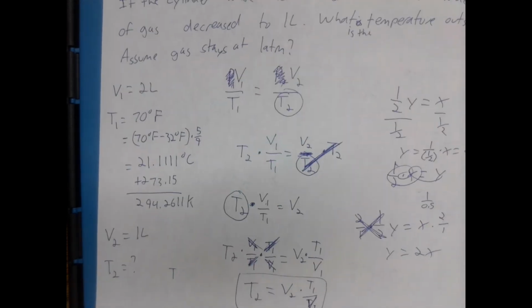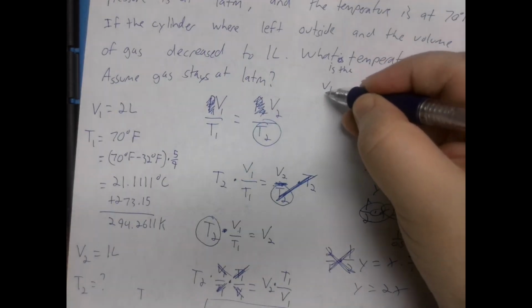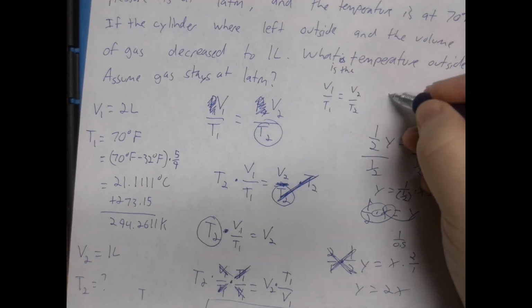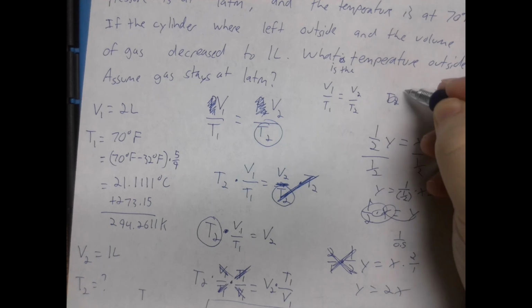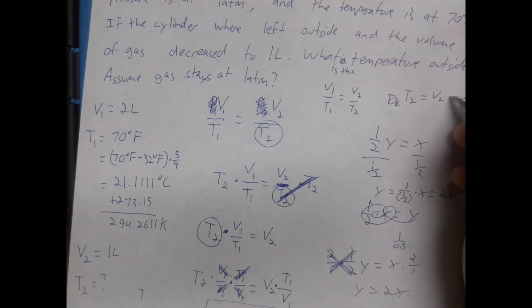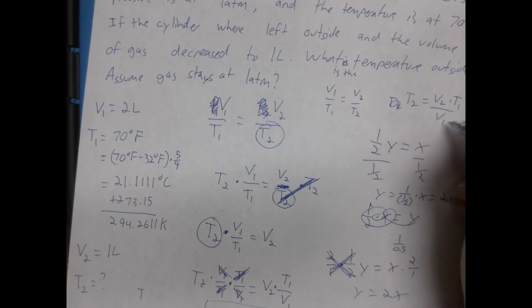Actually, the professor would have said, V1 over T1 is V2 over T2. Obviously, that means T2 is equal to V2 times T1 over V1. And then you plug in.